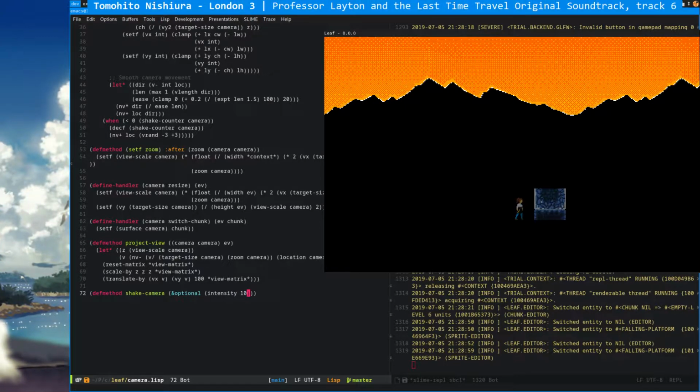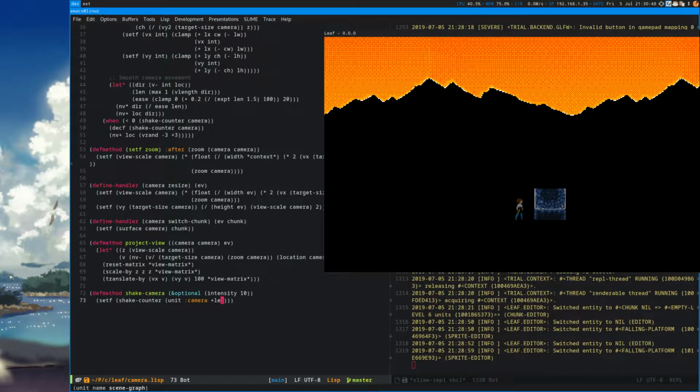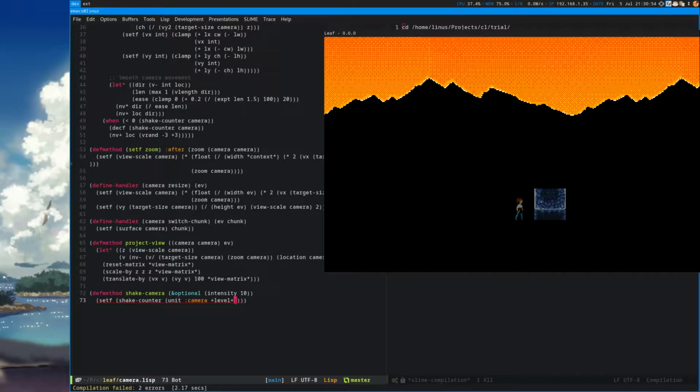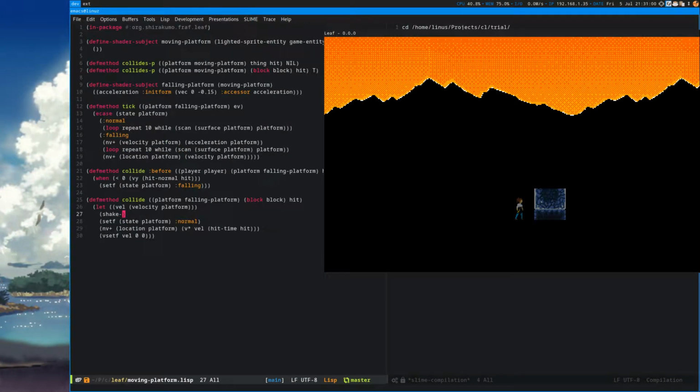Guess maybe like 10 default or something. Setup, shake, counter unit, camera, level. There we go. Okay.